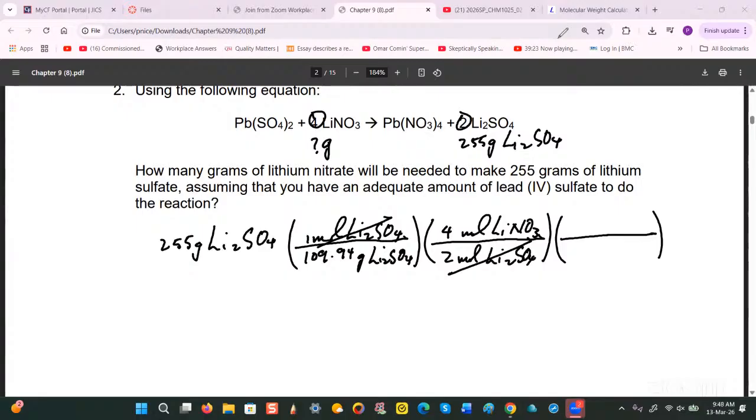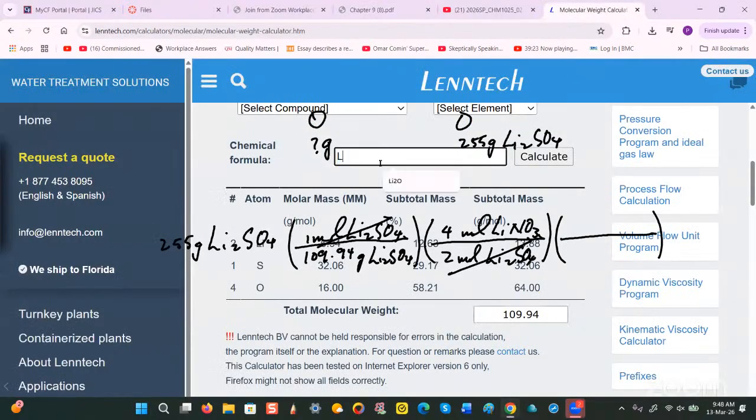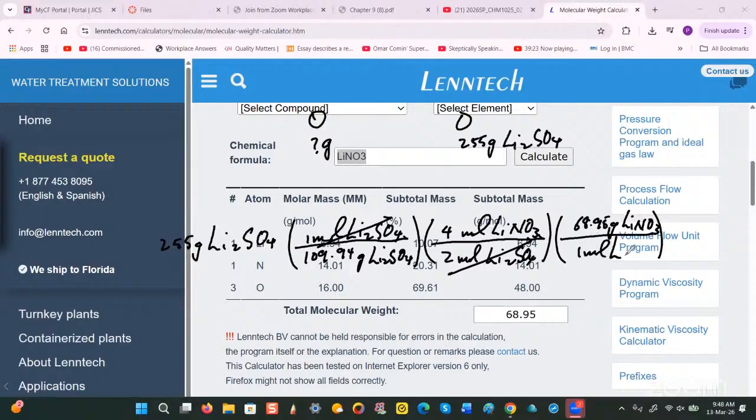Exactly. So let me do this again. LiNO3. 68.95 would be the molar mass. 68.95 grams of lithium nitrate would go up top, and 1 mole of lithium nitrate will go below, so that this will cancel out with that, and then we do the number crunching.